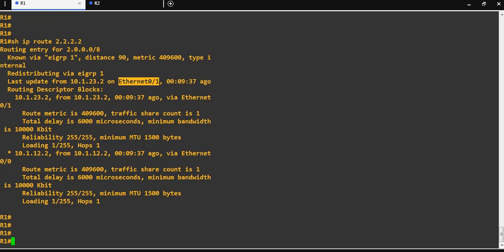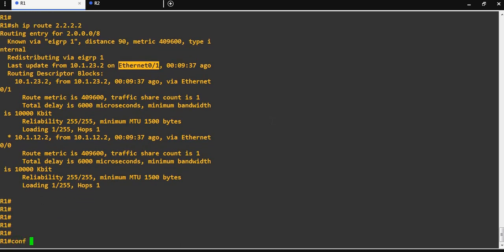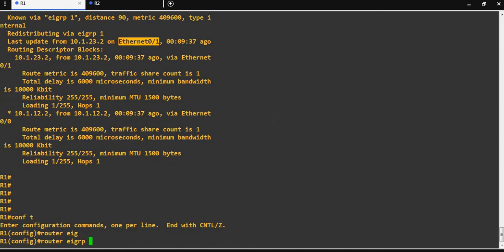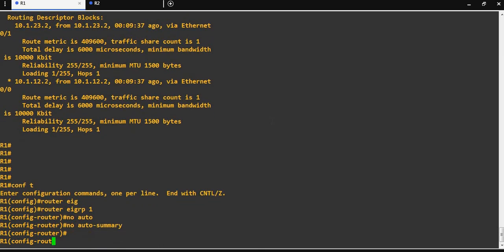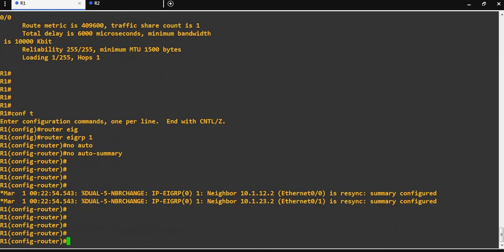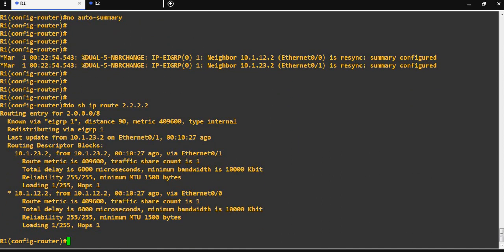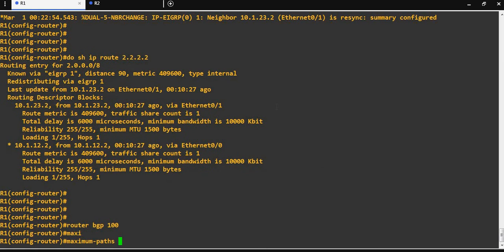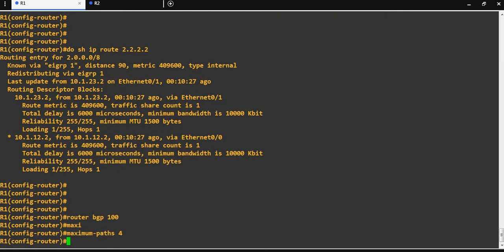So let's fix some configurations. No auto summary. Okay, and also we will do one more command, router BGP 100, maximum paths 4. There is a command called maximum paths.